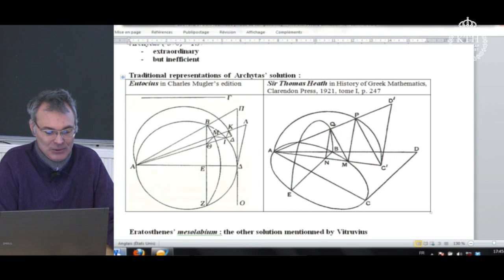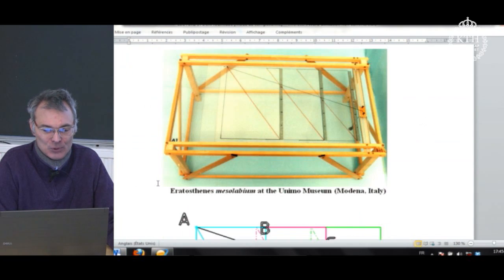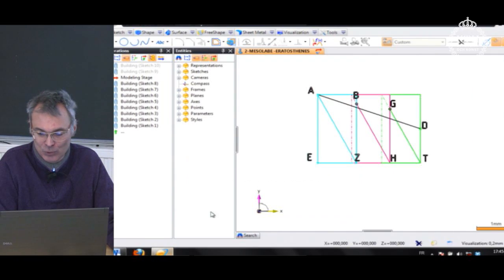People kept on thinking on this problem, and the other solution that we know of via Vitruvius is this one by Eratosthenes. And I have first to convince you that it can be built mechanically. So if you would go to Modena in Italy, you would see this mechanical reconstitution that we can have work on our computer.